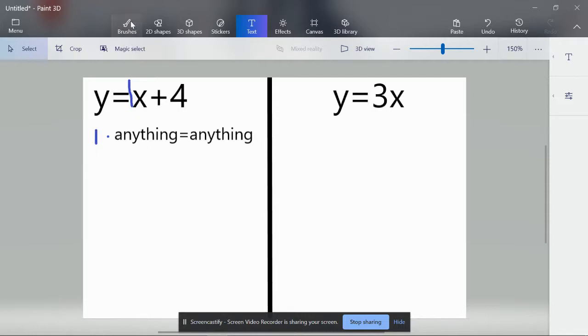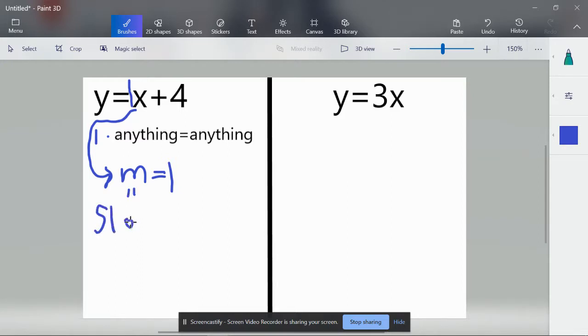Since there's this invisible 1 here, that means that m equals 1. And since m equals slope, that means that your slope equals 1.